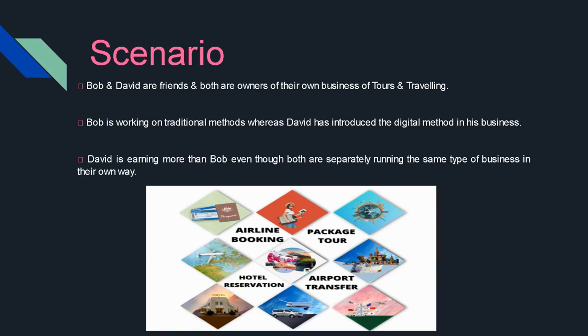David uses the digital method, where he has less time consumption and the risk is very low. Whereas Bob, who is using the traditional way, has a lot of errors. It is time consuming, it requires manpower, and it requires a hell of a lot of time to get through the documents and do the verification.